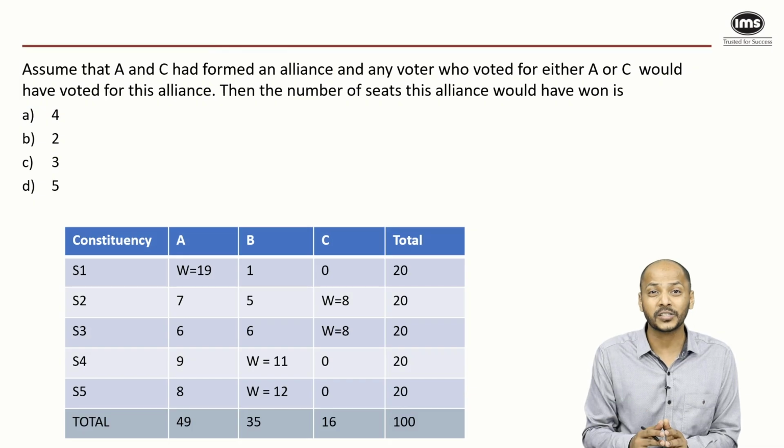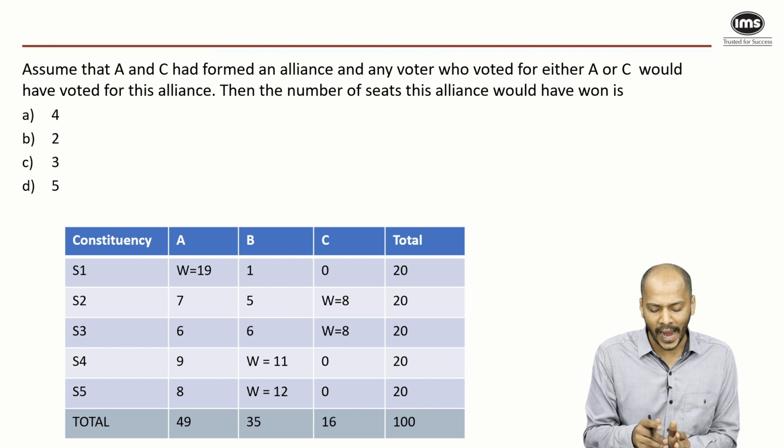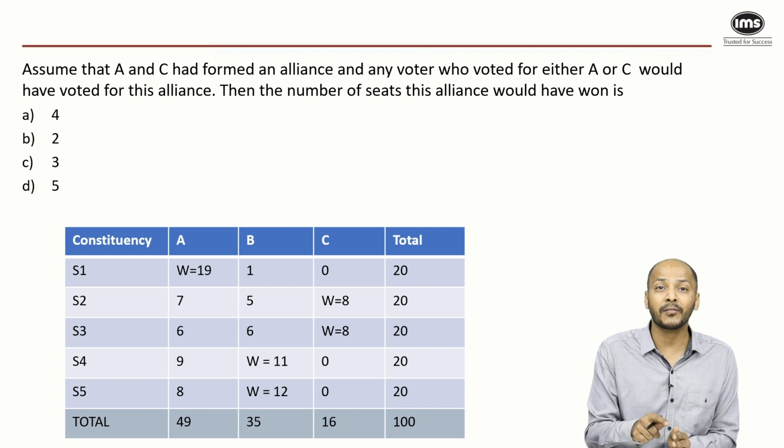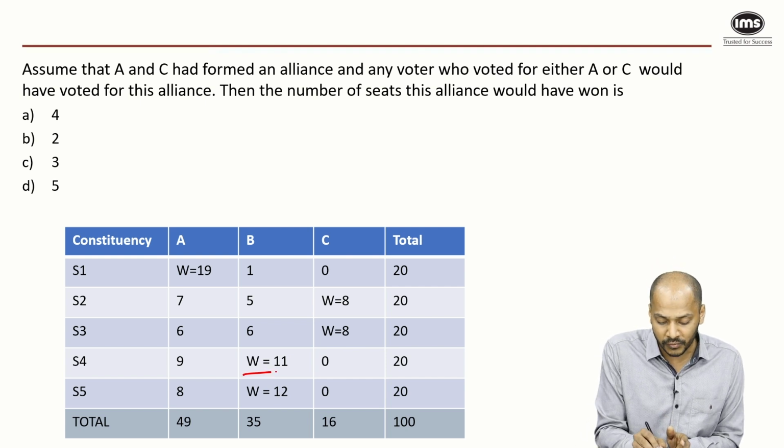Moving on to the fourth question of this set, assume that A and C had formed an alliance, and any voter who voted for either A or C would have voted for this alliance. Then the number of seats this alliance would have won is. So here you just had to add the votes of A and C and check in which of them they would have a majority over B. If you observe carefully, B has got more than 50% of the votes in the constituencies that B has won.